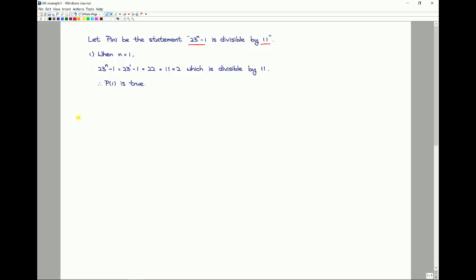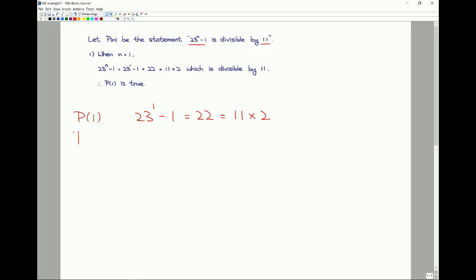When n equals 1, P1 is the statement that 23 to the power 1 minus 1 is divisible by 11. And it is true since it equals 22, which is 11 times 2. How about n equals 2?